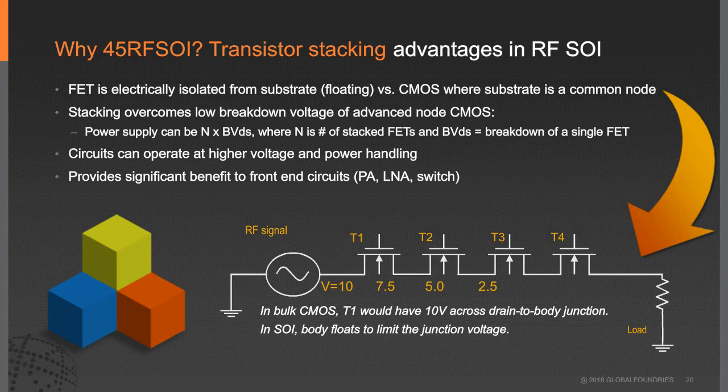As an example, because of stacking, you can have a higher output power amplifier. We have shown an output of 23 dBm for the power amplifier using this technology, 45 RF SOI, with a very high power added efficiency of 43%.